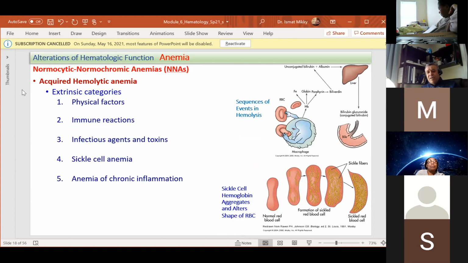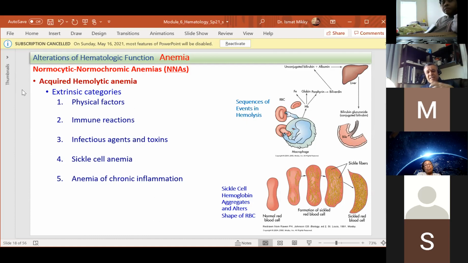That's the most frequently seen in terms of prevalence. The extrinsic categories or factors can be physical factors, which include, for example, patients who go to hemodialysis. The blood is going to be diverted into the artificial kidney, which is the machine, the filter, and then will return back to the patient's vascular system.